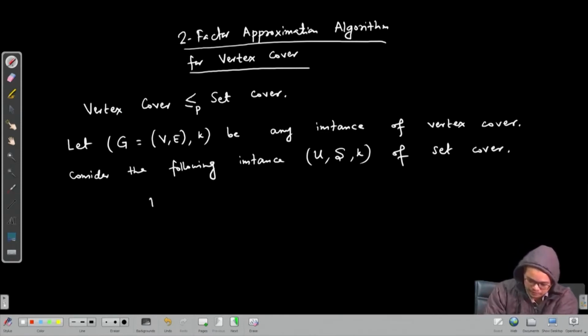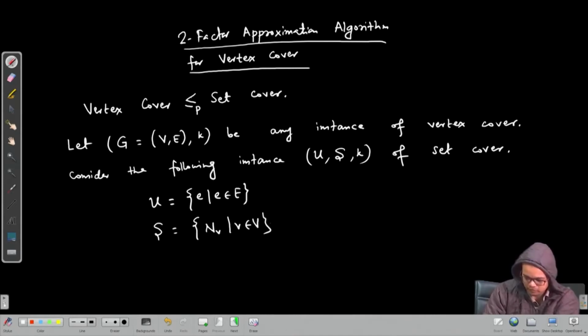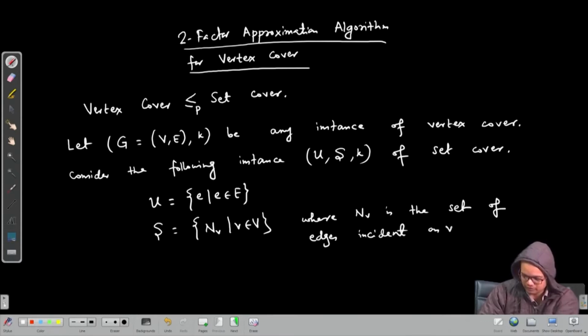What is the instance? U is the set of edges. For every edge, I have an element in the universe, and S is, for every vertex, the neighborhood of that vertex, where N(v) is the set of edges incident on v.